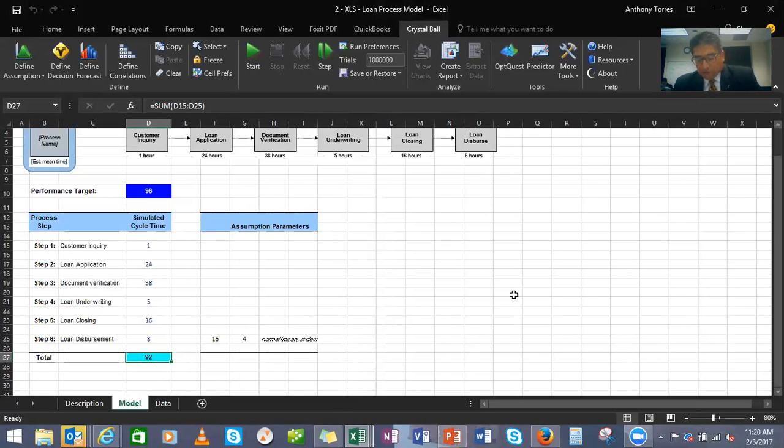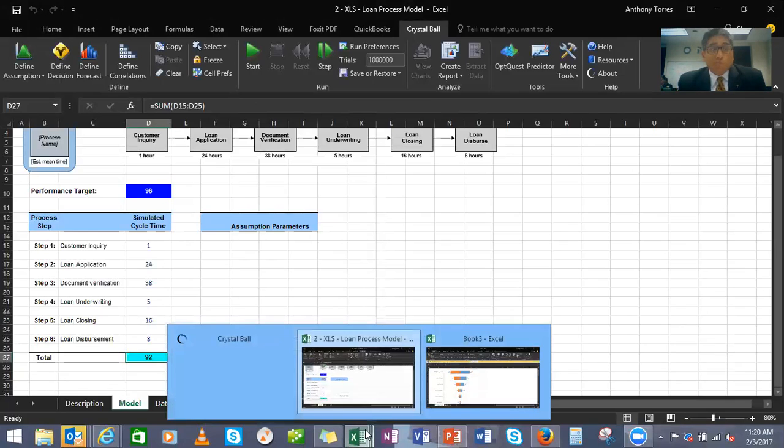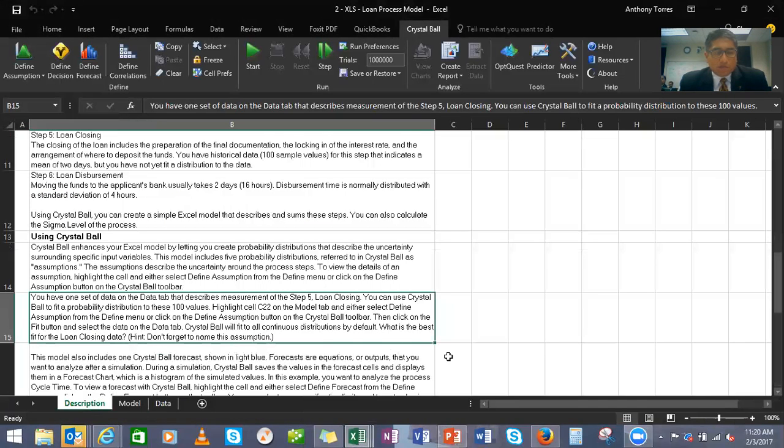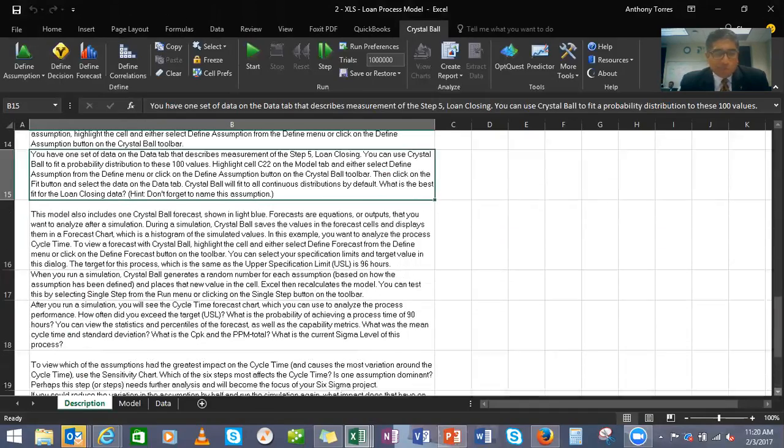This is the tornado. Document verification. It says this step of verification usually takes between 2 and 4 days, but 2 out of 10 times the step takes between 4 and 6 days for a suspended loan. Right? So that's essentially an exception item.